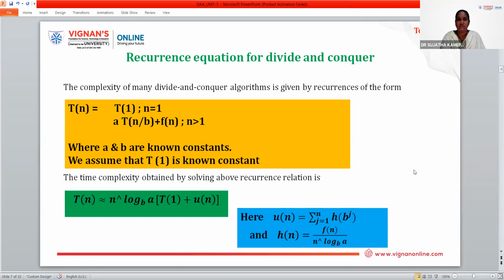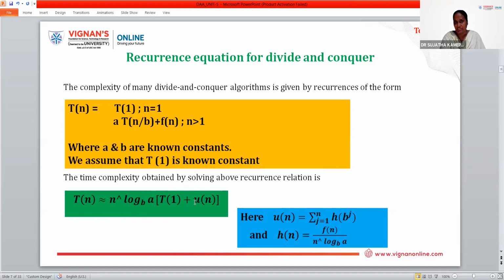When I use the substitution method to solve this recurrence relation, we get the time complexity as T of n is equal to n power log a base b into T of 1 plus u of n. Here, you know the terms a and b. These are known constants. You know the term T of 1. This is also a known constant.